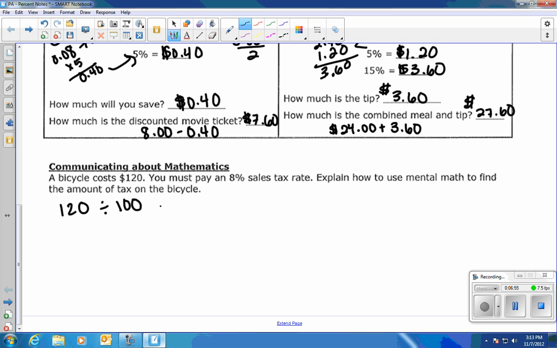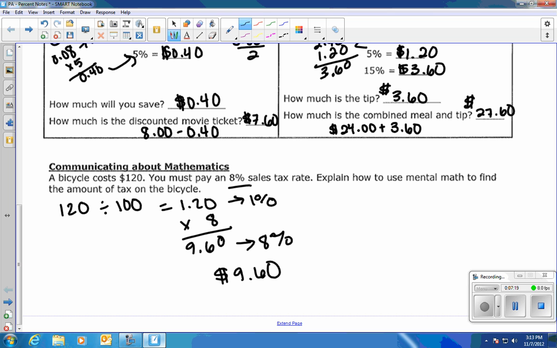So if I divide by 100, that's going to give me $1.20. And that represents 1%. I need 8%. So if I multiply this value by 8, that's going to give me 8%. So the amount of tax on the bicycle would be $9.60.